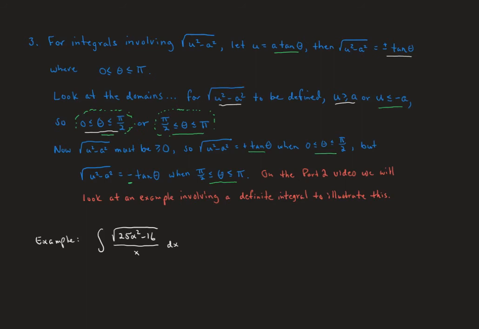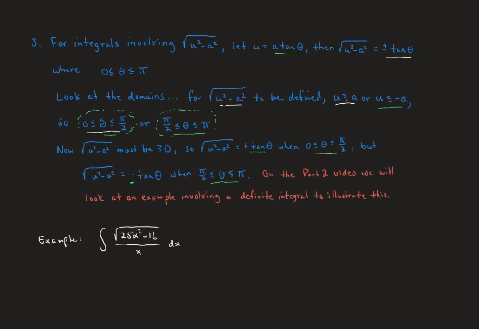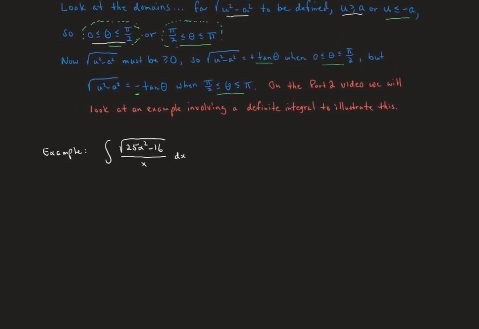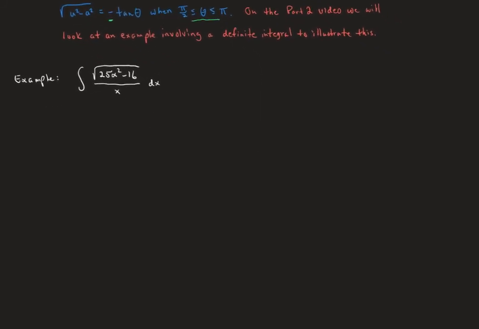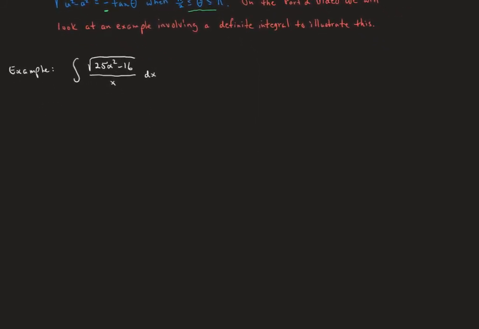And we'll do an example of this. But the first one we're going to do here does not have limits, so it's an indefinite integral, and so that's not going to be an issue. We won't concern ourselves with it unless we have a definite integral where we have something up here. Then we're going to have to be cautious.